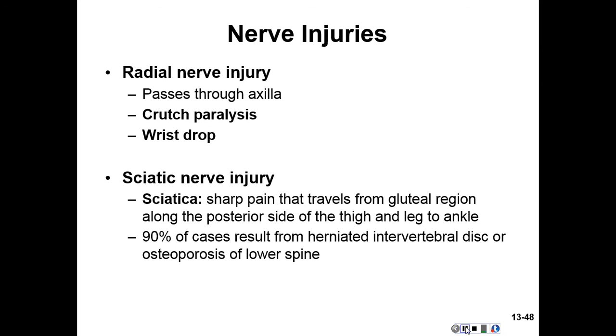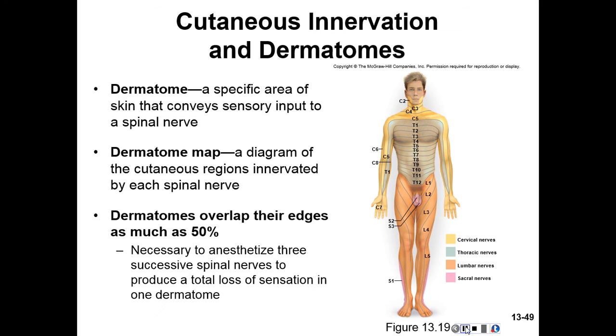Sometimes it can be a herniation of the intervertebral disc, or osteoporosis, or narrowing and thinning of the bone in the spinal column. Dermatomes are areas on the skin that reflect back to the spinal cord. Remember, you can't unzip a body to look at C1 or T1, T2.